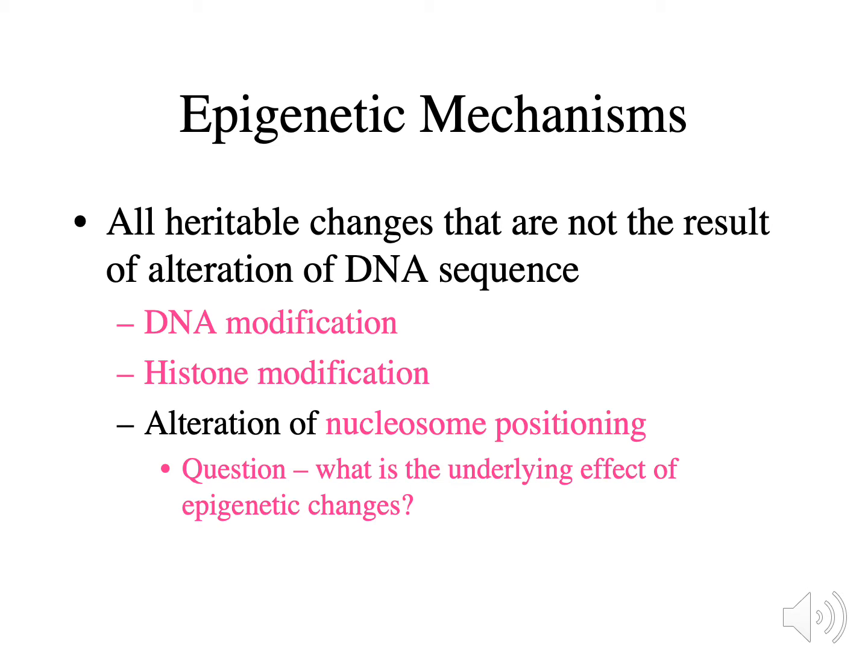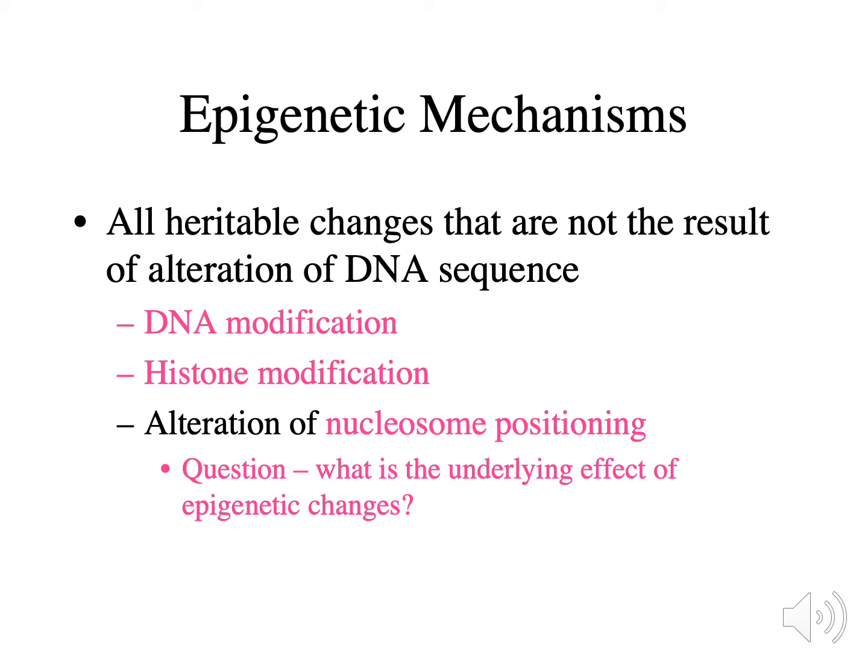So again, recall that in chromatin we have the DNA wound around histones to form nucleosomes, and that causes the chromatin to be condensed, in which case it's transcriptionally inactive, or other modifications can cause the chromatin to become more relaxed, and in that case it's accessible by the transcription machinery and therefore becomes transcriptionally active. Another factor that can be thought of when we think of epigenetic mechanisms is alteration of nucleosome positioning.